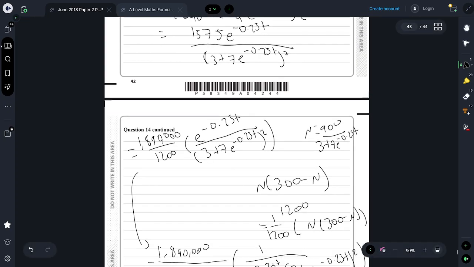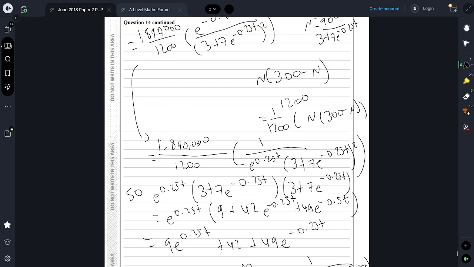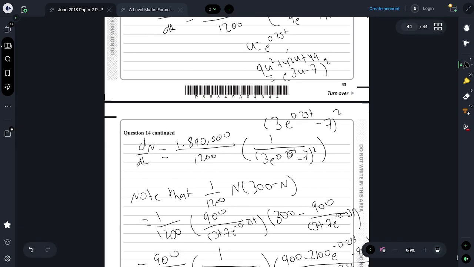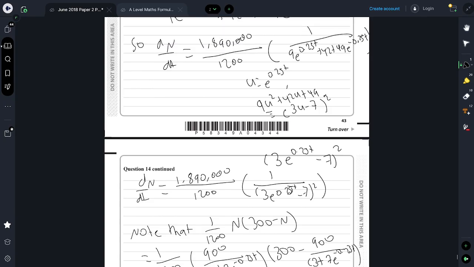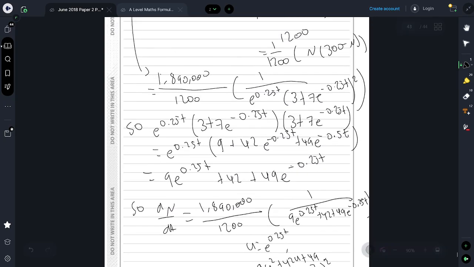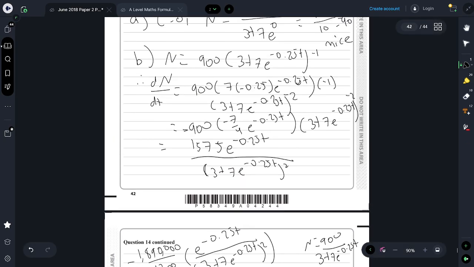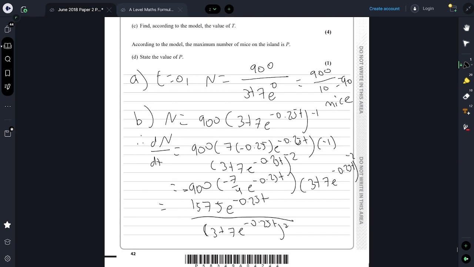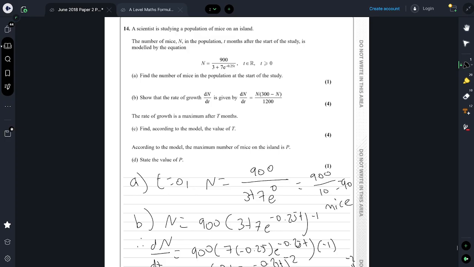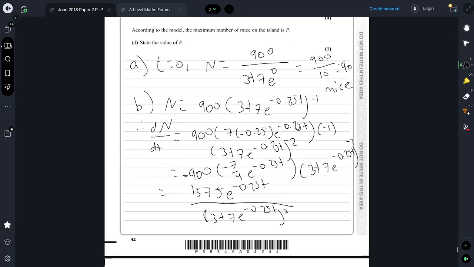Did I copy it down? n of 300 minus n. Okay, so where's our negative then? Where have we gone wrong with the negative?